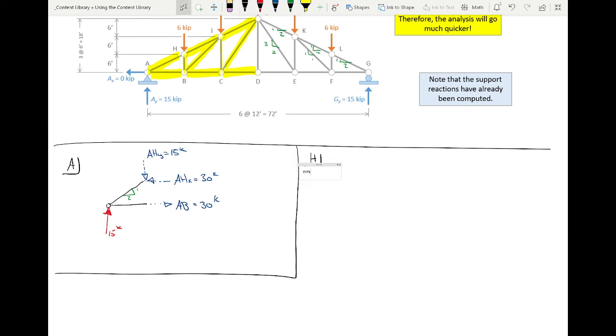All right, so, oh, I hit my keyboard here. Okay, so H looks like that. There's that and that. 6 kips going down. Now both of these diagonals are at a slope ratio of 2 to 1.